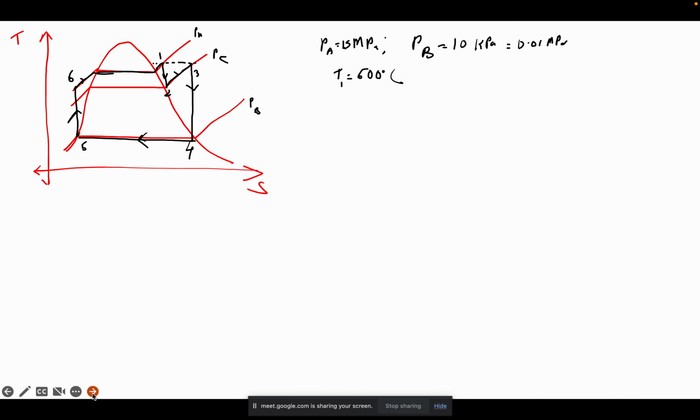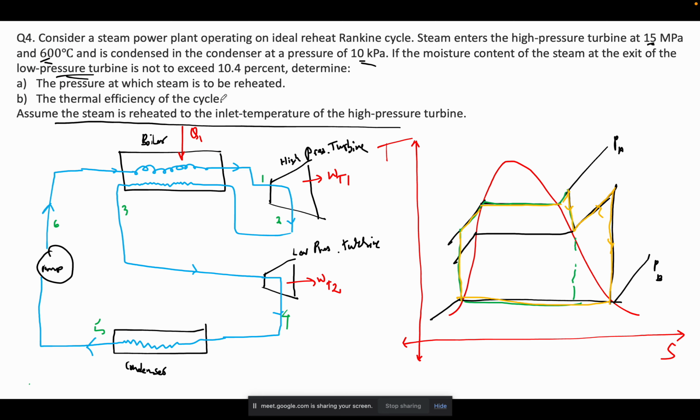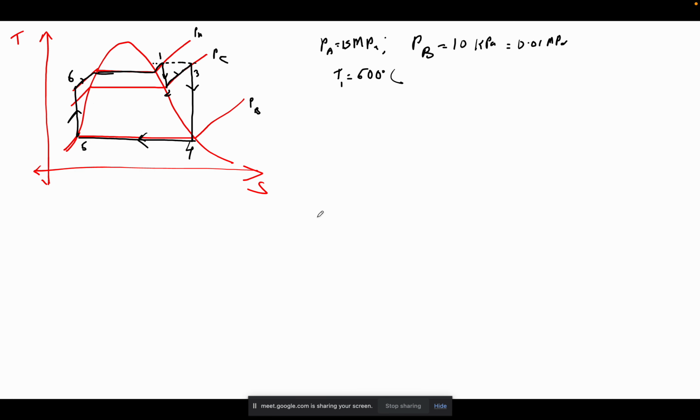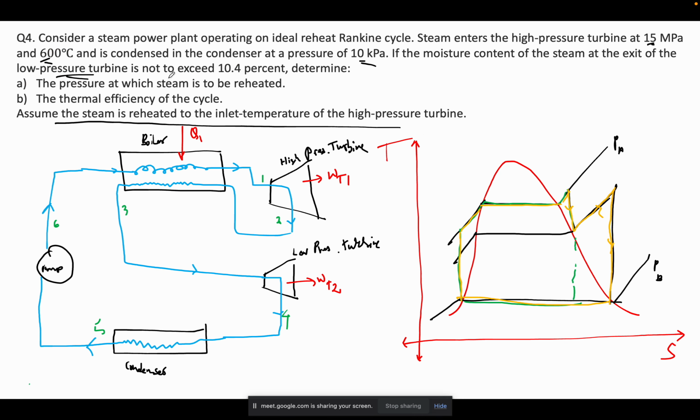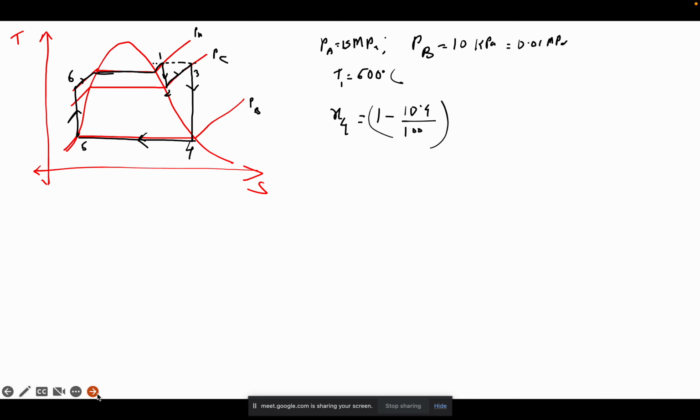What it is telling us is that at the low pressure turbine exit, the steam moisture should not exceed 10.4%. This means that my x4 is equal to 1 minus 10.4 by 100. That means vapor percent will be 100 minus 10.4, and I am dividing by 100 to normalize it by 1.